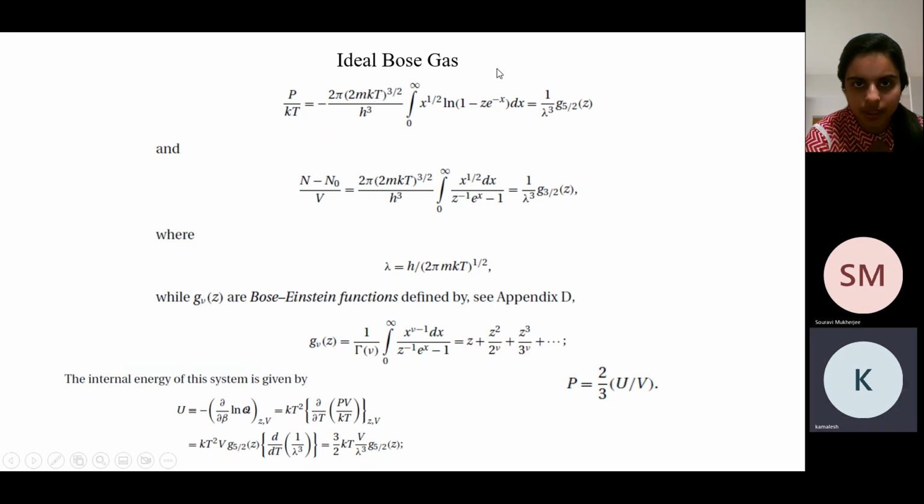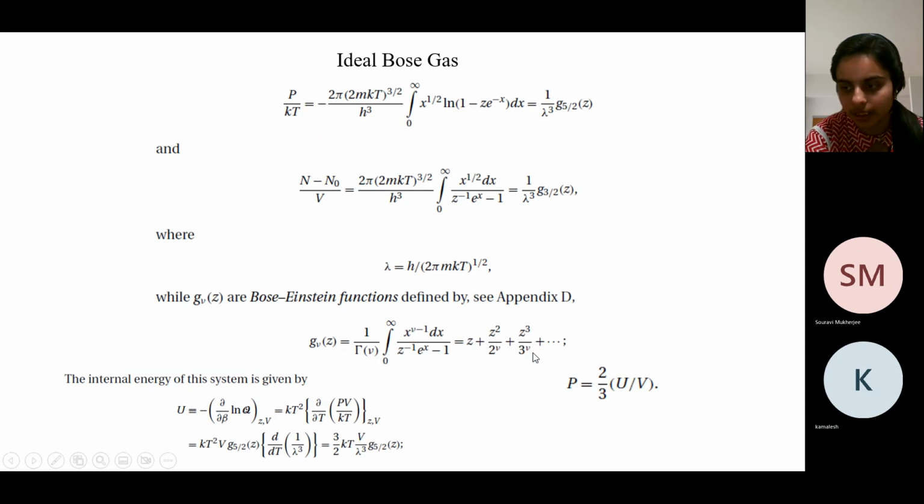So you had this integral and then you replace this integral by this function, which is actually a series of z. This is called the Bose-Einstein function. And then what happens when you put z equal to 1? You would get a series like 1 plus 1 by 2 to the power gamma plus 1 by 3 to the power gamma, and that is called the zeta function.